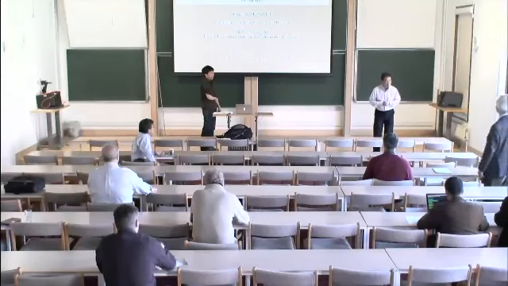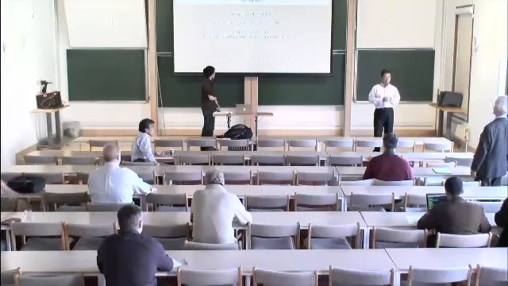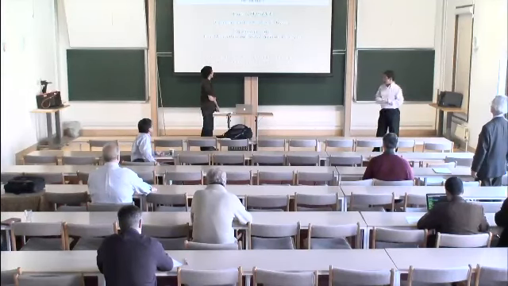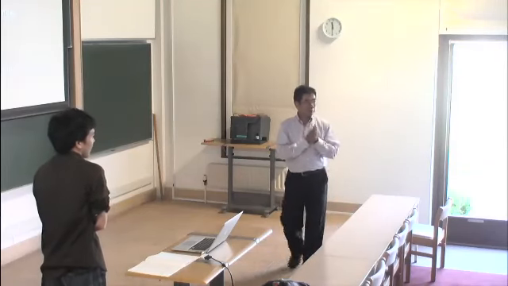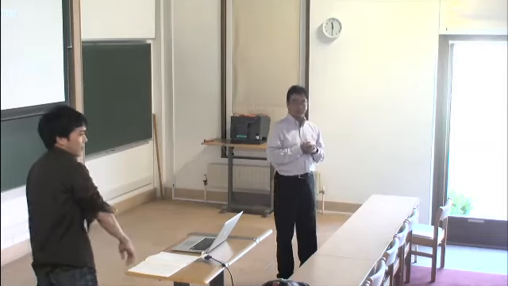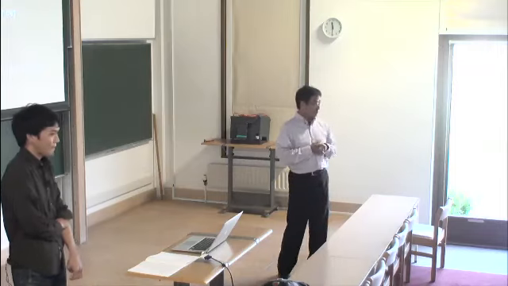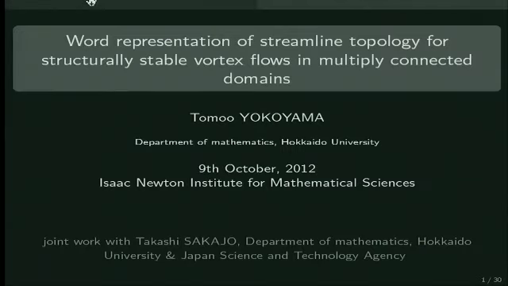What is the name of the seminar? So it's a regular topological seminar. Yes, regular seminar. So I'm very pleased to introduce today's speaker, Tomoo Yokoyama from Hokkaido. Hokkaido is a northern part of Japan. A lot of snow.